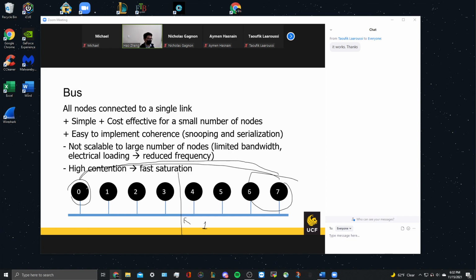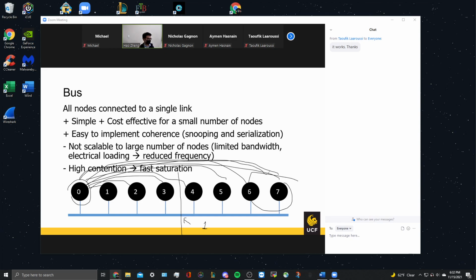And the second thing is the average hop count. You count all of the distances and divide by the number of pairs, and you get the average hop count. So you only have three things to analyze: the bisection bandwidth, the hop count, and the diameter.